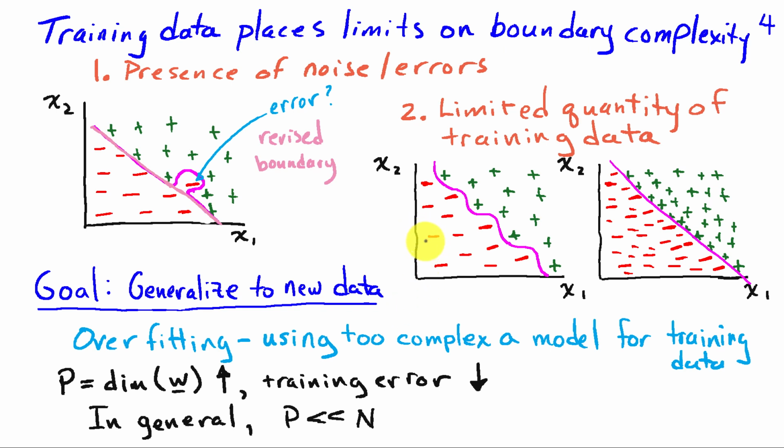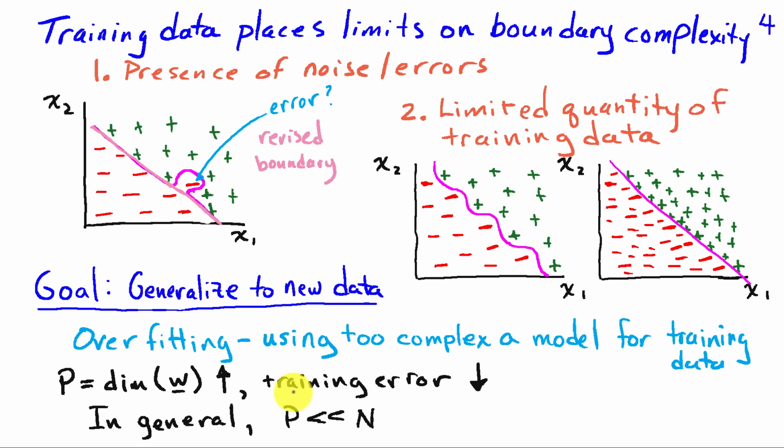So these examples that we've looked at above are examples of overfitting, where we used a model that is too complex for the available training data. Now you can show that as we increase the model complexity, in other words, more terms in the feature vector and more parameters in W, then P, which we're calling the number of parameters in W, is going to increase, and the training error is always going to decrease.